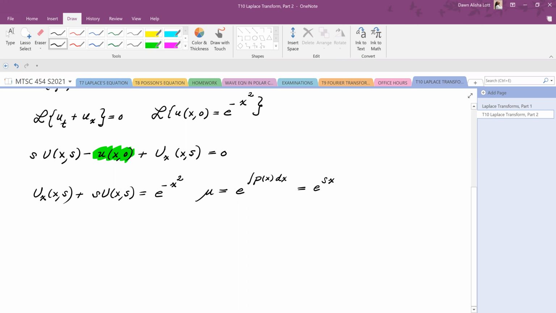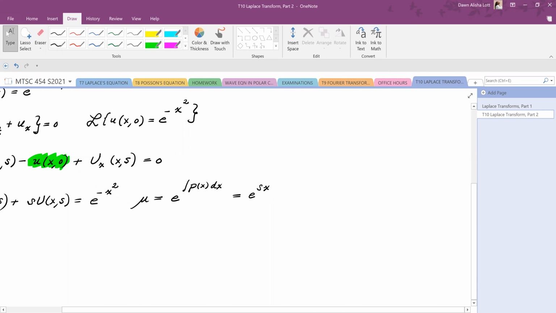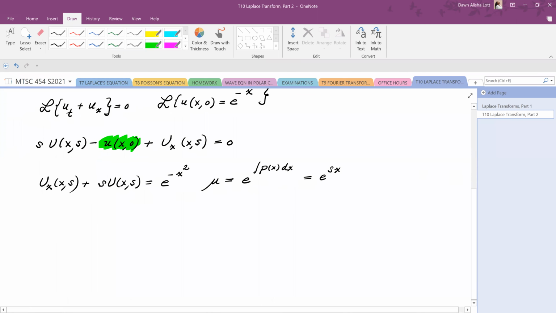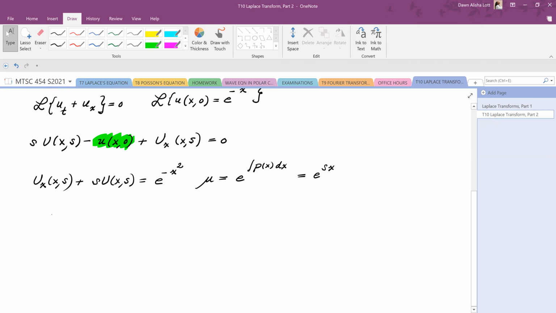Now we can multiply both sides of this equation, and when we do, we end up getting the derivative with respect to x of e^(sx) U(x, s) on this side, and on this side we get e^(-x²) e^(sx).